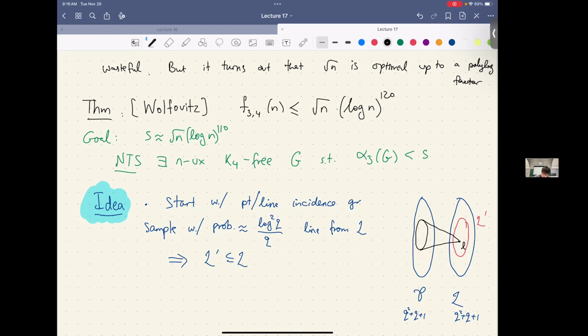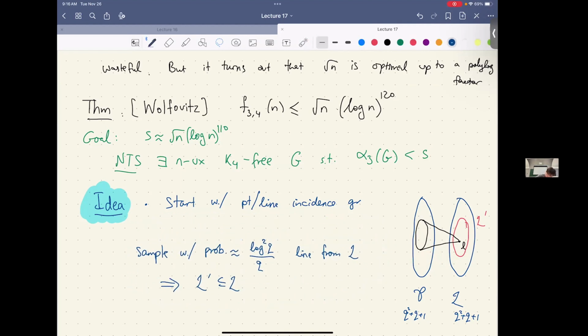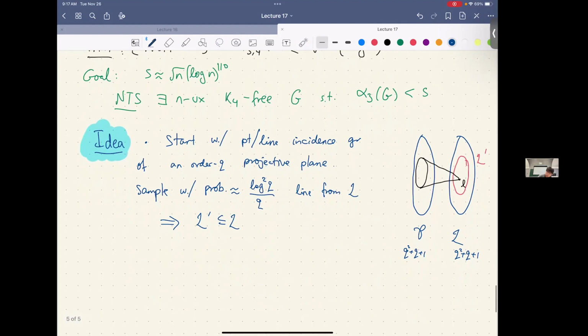I forgot to say: in the point-line incidence graph of a projective plane of order q, we sample a subset of lines with probability log q squared over q. This is the first step.